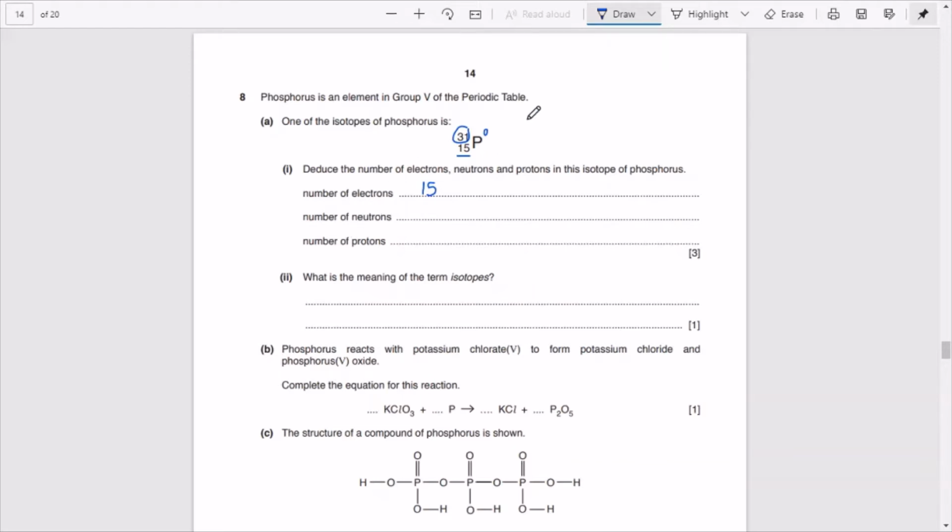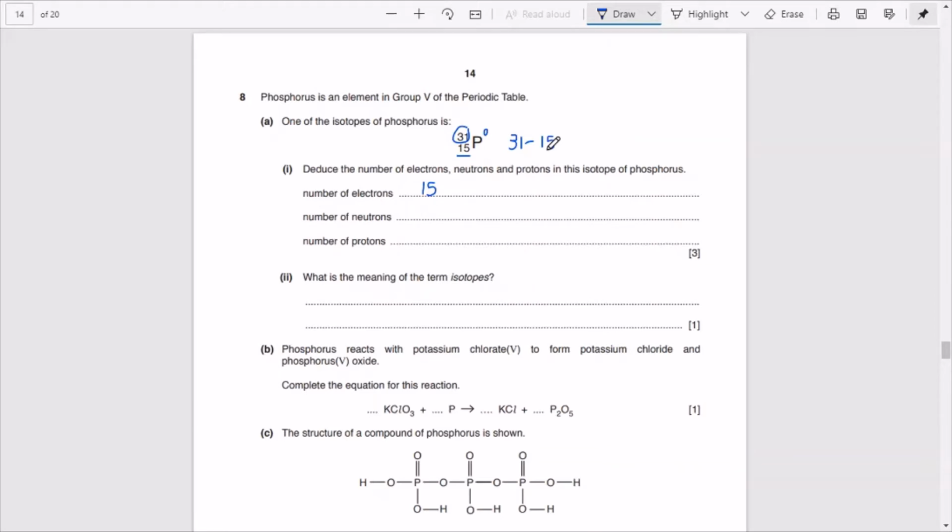Now moving to the neutrons. Neutrons is basically the mass number minus the atomic number, so it would be 31 minus 15. You have a calculator in the exam, but this is a very basic question which you do not require a calculator for.